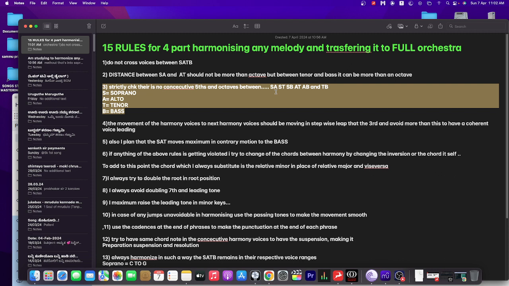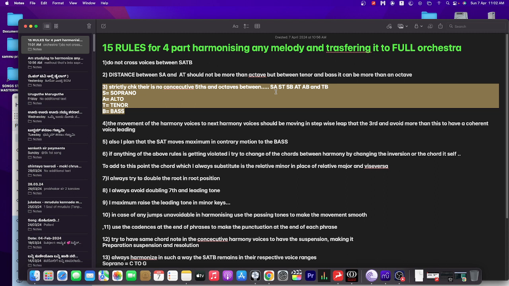There is one catch. If the chord notes are not moving, and you're changing the chord but not changing any of the notes in the voicing, it can repeat. But if any one of the chord voices is moving, you should not have parallel fifths and parallel octaves.